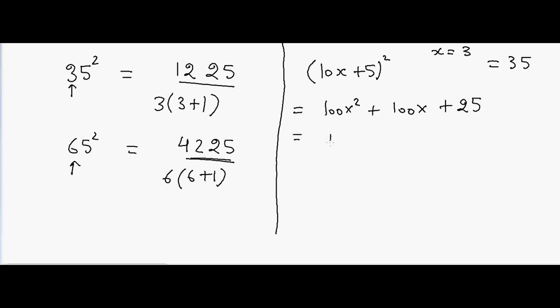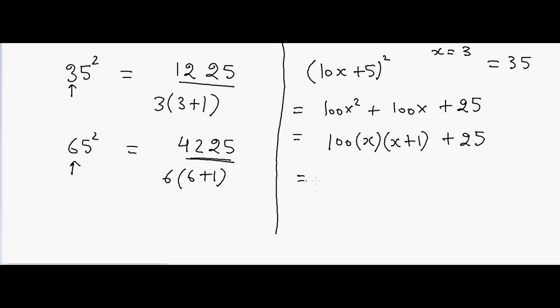If we solve this, that will be equal to 100 times x times (x plus 1), plus 25. So as you can see, we are taking the first digit, multiplying it by the next number, multiplying by 100, and then adding 25.